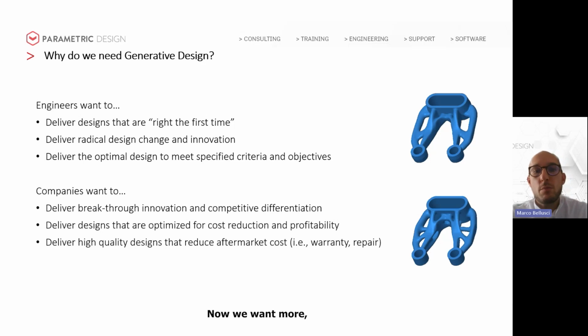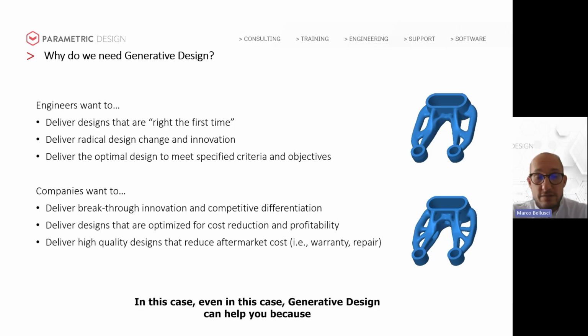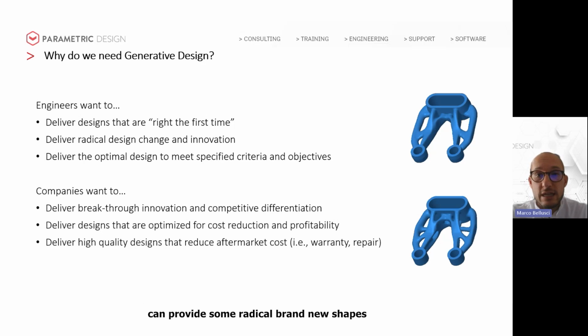But now we want more. And to have more, we need some radical change. Even in this case, generative design can help you because it can provide some radical brand new shapes that are optimal for your design. And in general, engineers want to deliver the optimal design to meet criteria and objectives.